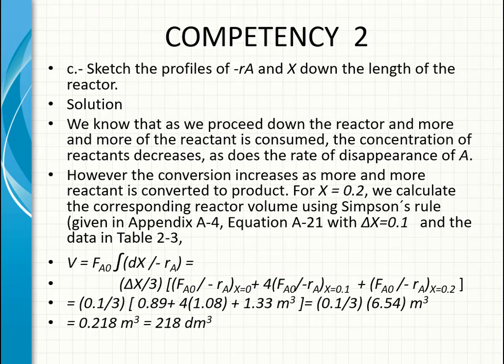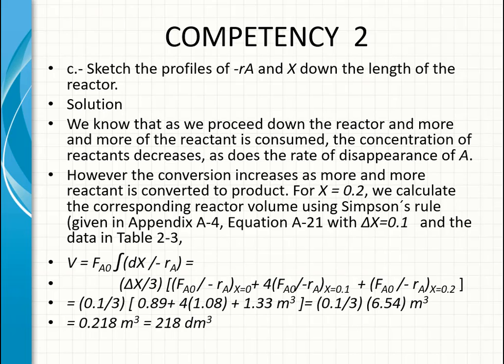For X equals 0.2, we calculate the corresponding reactor volume using Simpson's rule given in appendix A4, equation A21 of your book, with delta X equals 0.1 and the data in table 2.3. So here we take 3 points, X equals 0, 0.1, and 0.2.